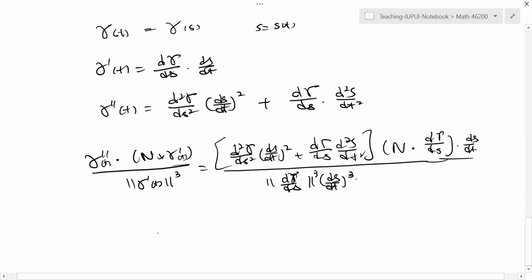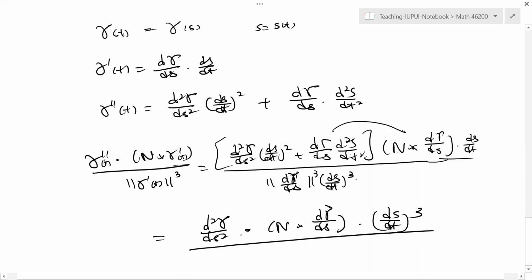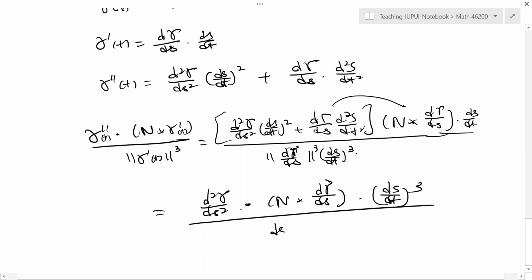Now, when you multiply this out, this will be 0. The reason is n cross d gamma ds is perpendicular to the tangent vector, so the dot product with this is going to be 0. So what you get here is the dot product of n with d squared gamma ds squared, times (ds dt) cubed. And in the denominator, you also have (ds dt) cubed.